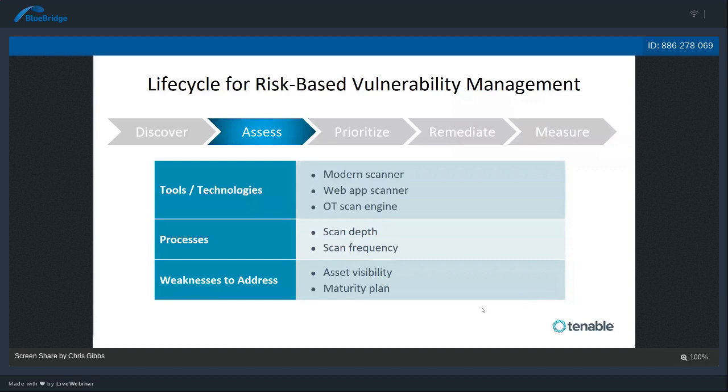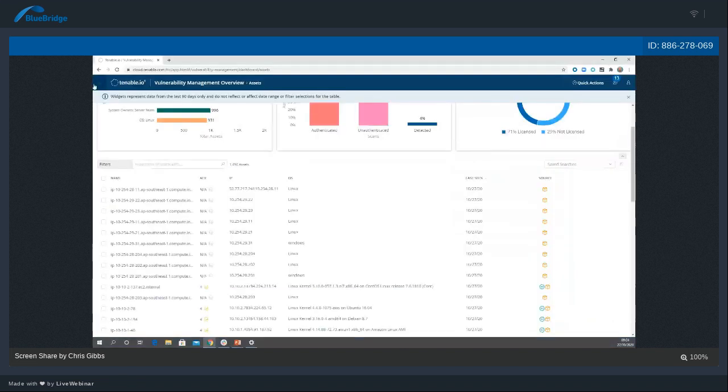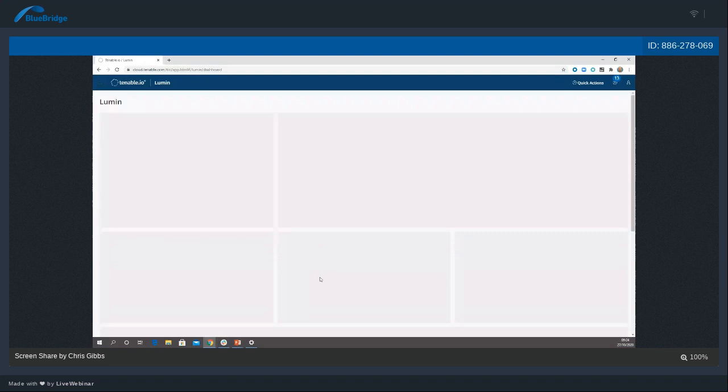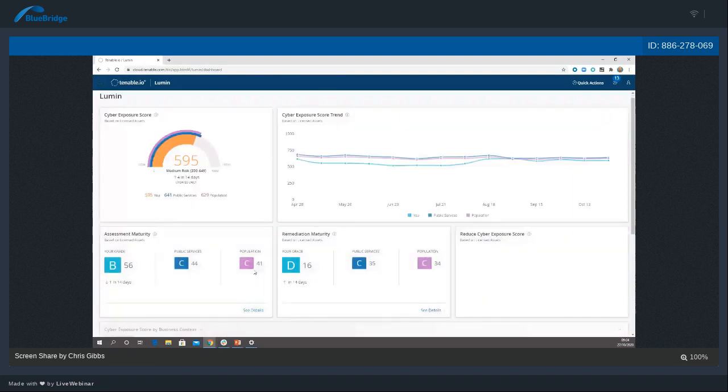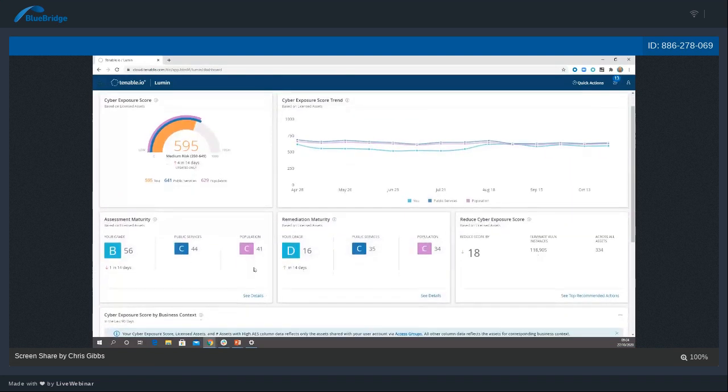And we have tools that can help you understand this and identify in your own environment how often are we scanning? Can we improve in any way? By going to the Lumin dashboard here, we can see a few key things. Now, I've been talking about the assessment maturity and scanning depth. So the first thing really is this window here.